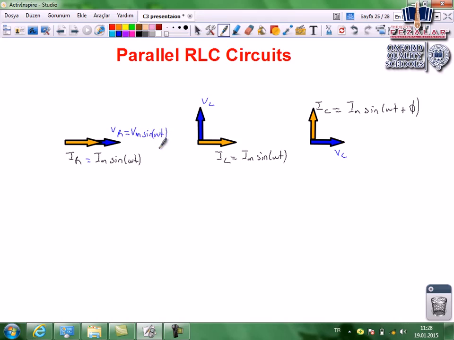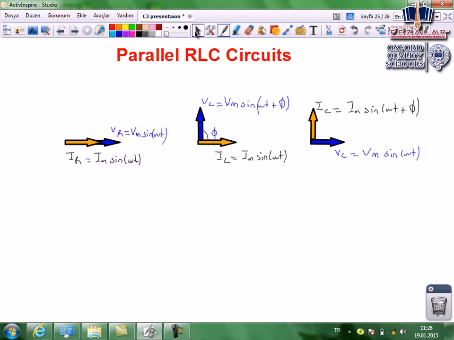VL leads current by 90 degrees, so you write VL as Vm sine omega t plus phi, and VC on the x-axis has no phase angle, so we write it as Vm sine omega t, just like that. In series combination, we said all currents are the same, so we made all currents the same. But in parallel combination, all voltages are the same, so we will make all voltages the same.